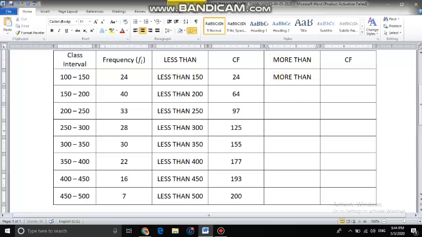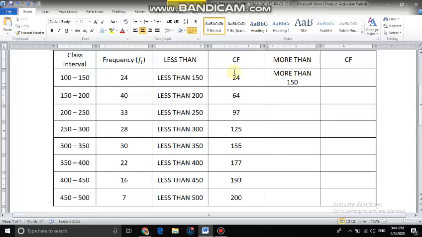If I say more than, now I cannot say more than 150 here. If I say more than 150, it has to be greater than 150. So 100 to 150 will not be included in your count. Because if I say more than 150, how can I include between 100 to 150? Right?